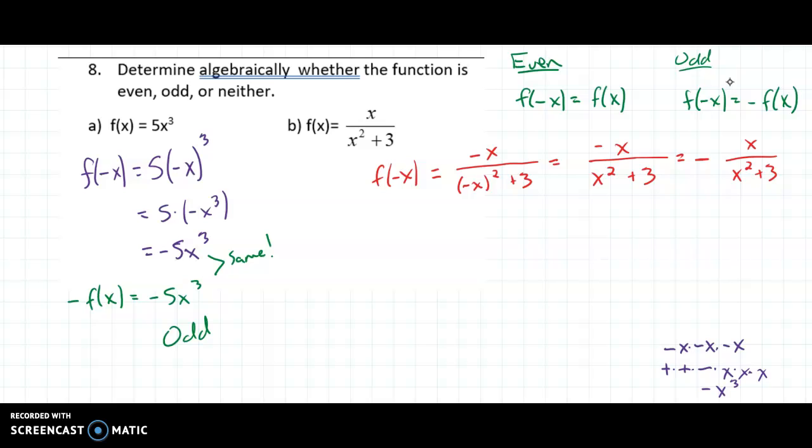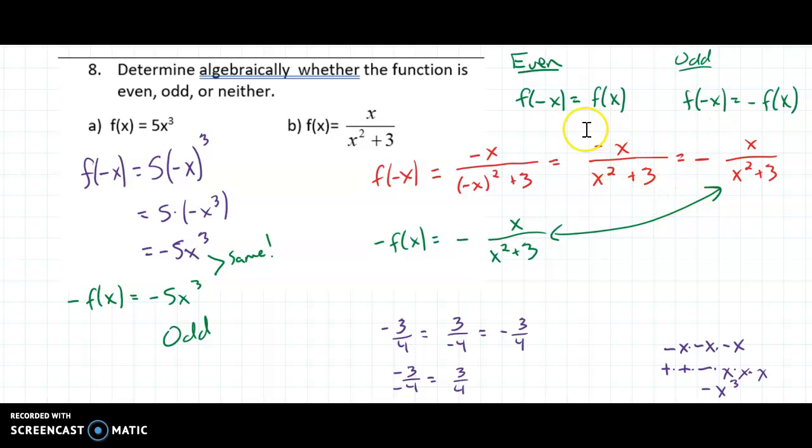So let's go ahead and check in green negative f of x, and that is negative, and then the fraction is x over x squared plus 3. And notice that is exactly the same as this. So we get the same conclusion, that these two are the same and that it is odd.